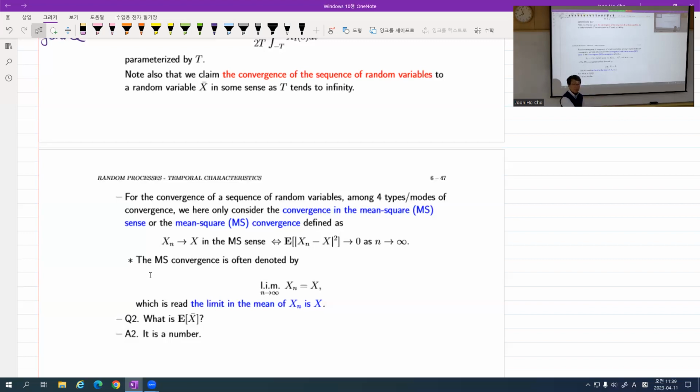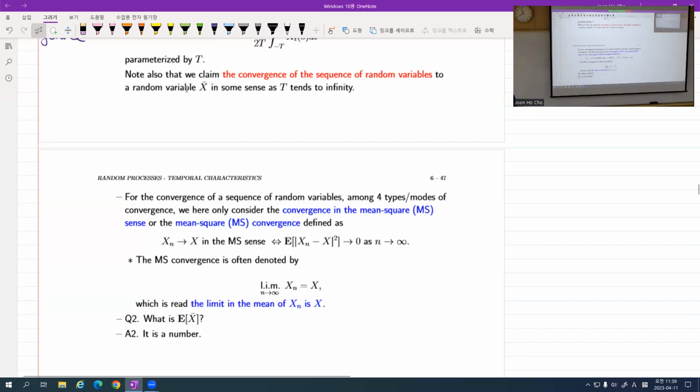That is closely related to the convergence issue of a sequence of real functions. Got it? So now you understand why we are going to talk about convergence of a sequence of functions, because convergence of a sequence of random variables is a special case of a sequence of functions. Got it?